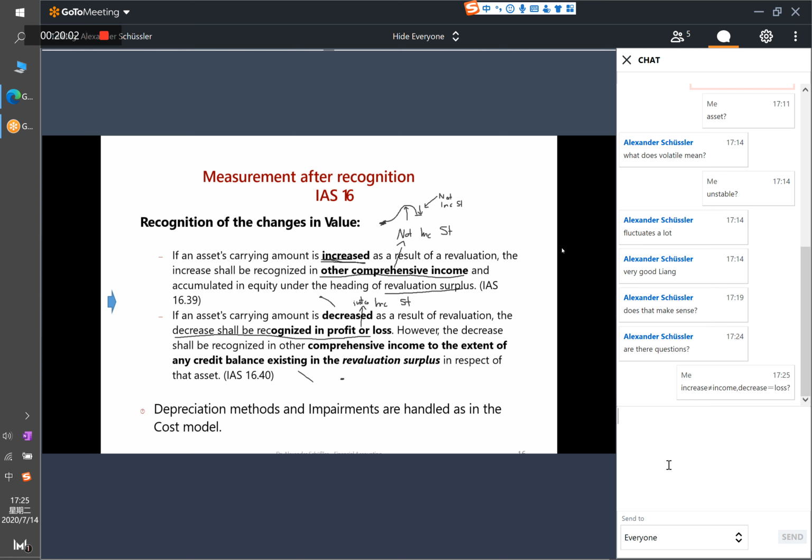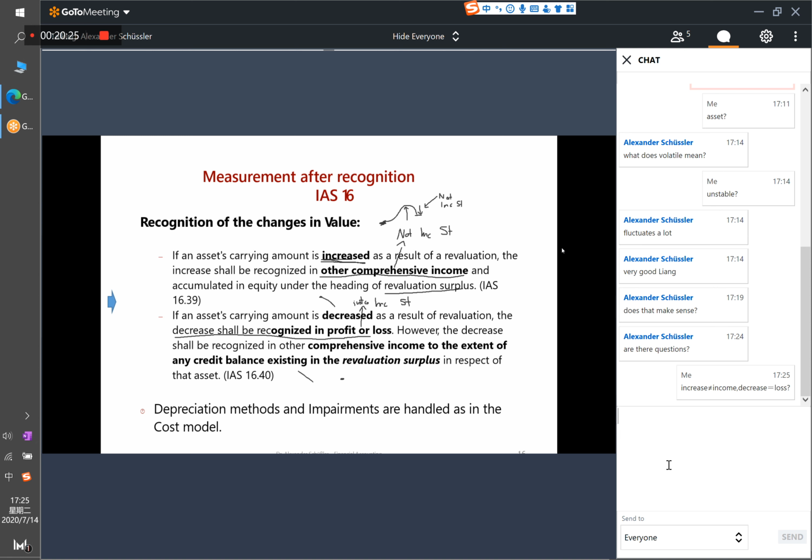The standard setter IFRS says, okay, if we have an increase, this is not our normal income. Think about it. Let's say we're talking about BMW now, and the machinery or the building increases in price.